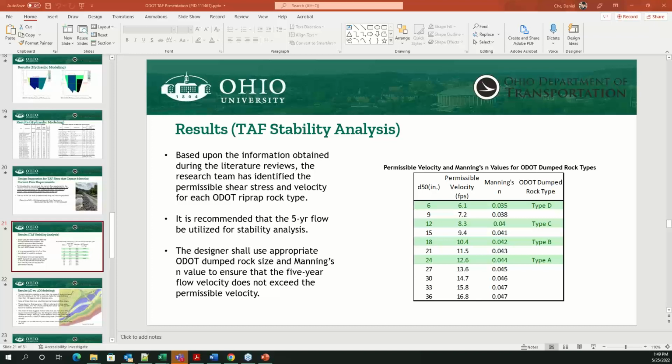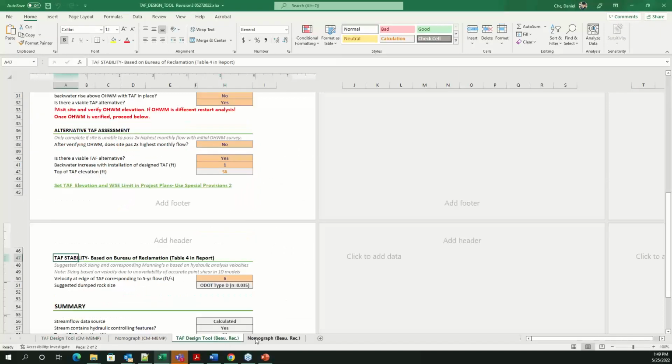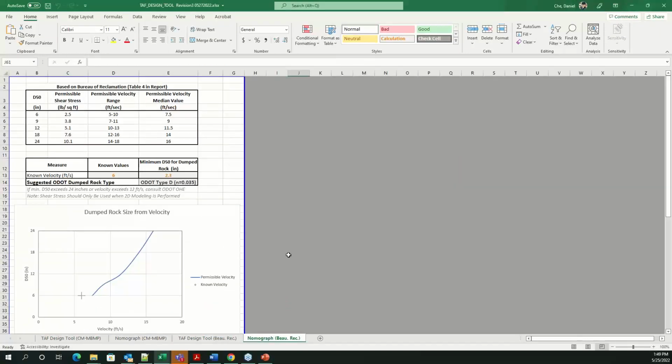Compared to the Bureau of Reclamation, the results that you're seeing for the stability analysis on the screen right now ranged from about a 29% increase to slightly over 40% for the size. One of the issues was that the Bureau of Reclamation offers solid defined intervals for the shear, whereas they offer basically a range for the permissible velocities.